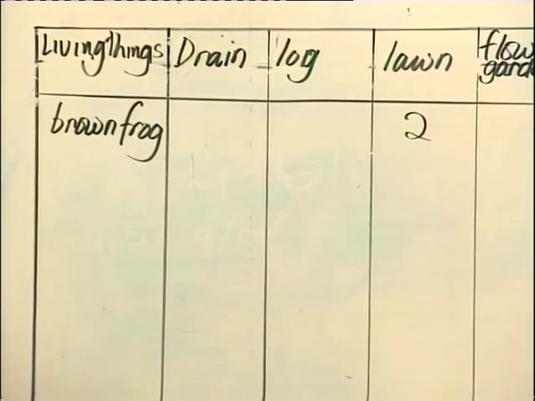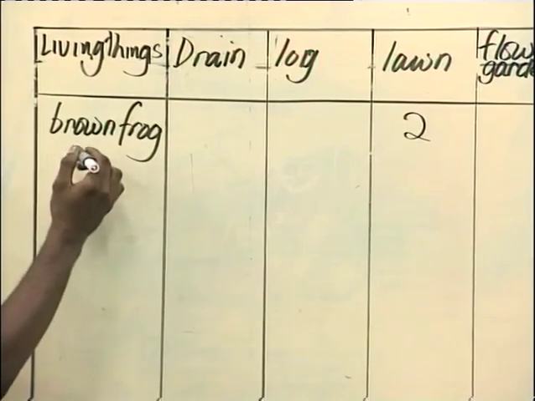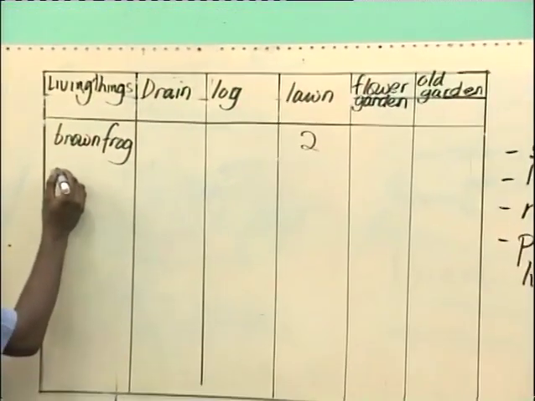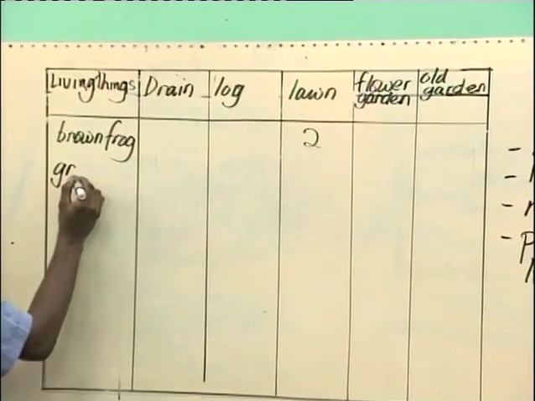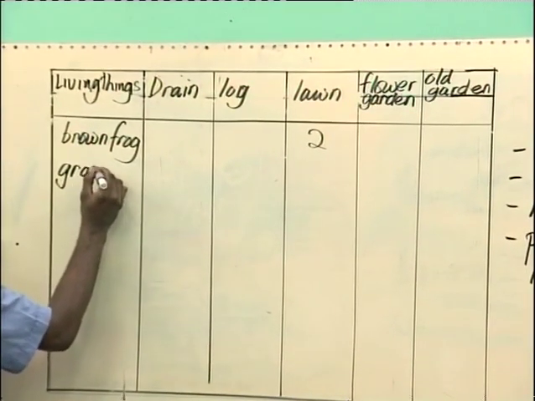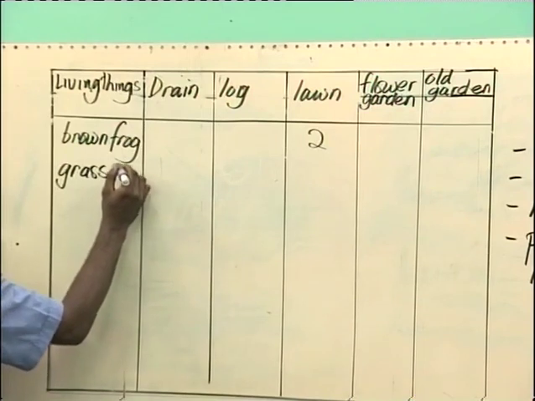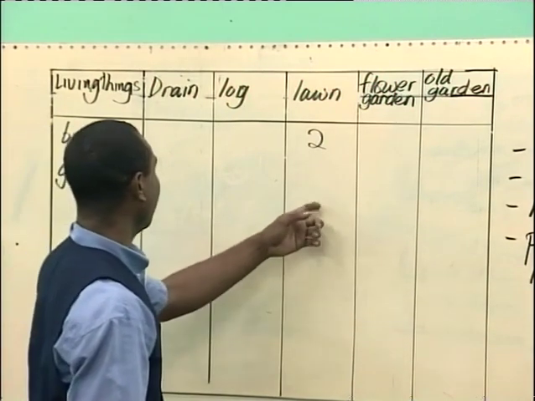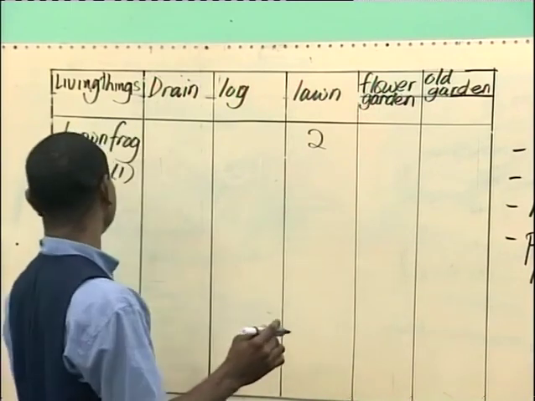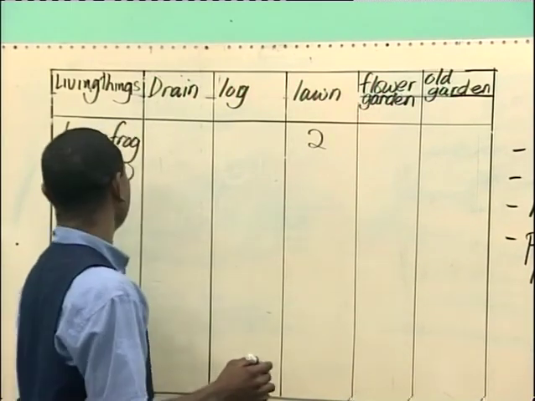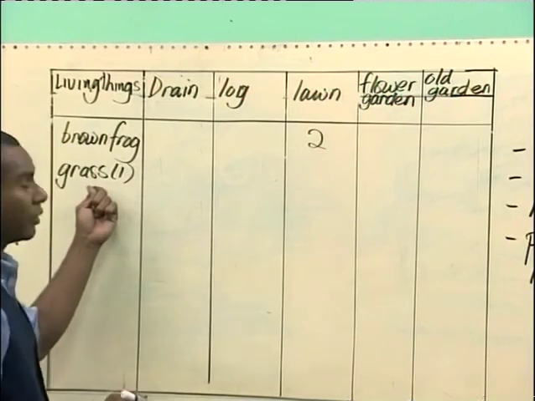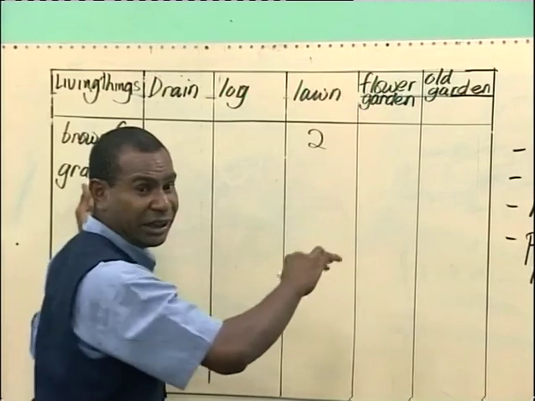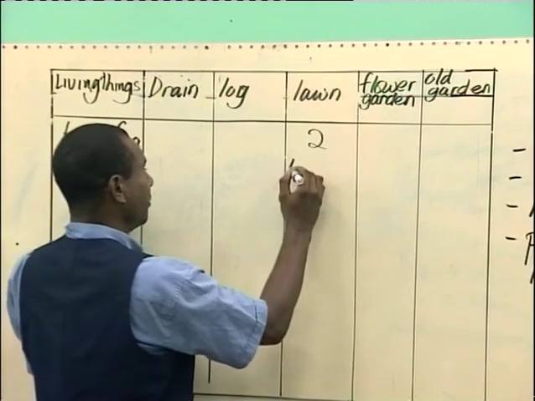Okay. You list all the living things that you found. If you found there were 2 different types of grass, you put grass 1. And if it was on the lawn and there are 2 different types of grass, and grass 1 you identified, if there were many in that area, you just write many.